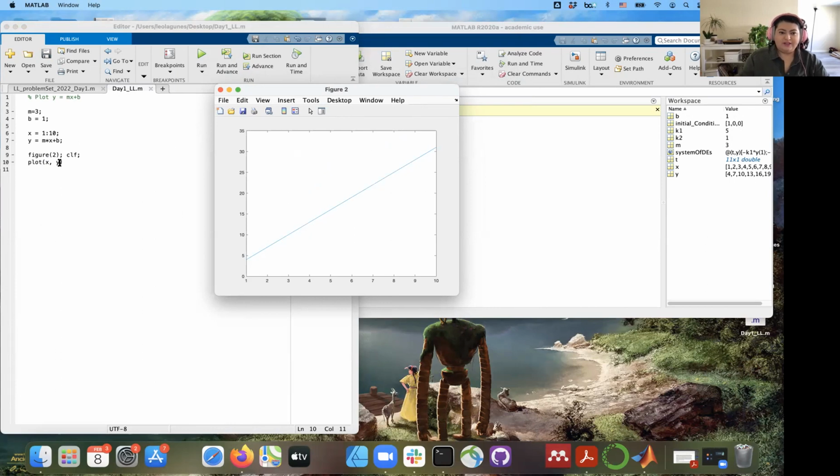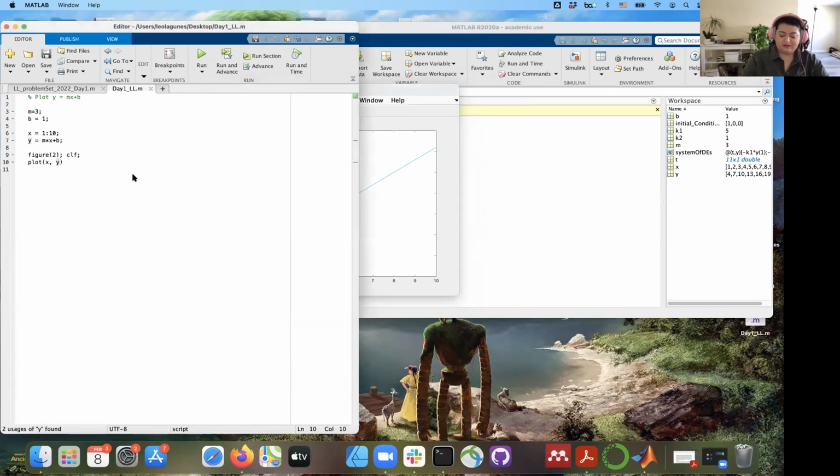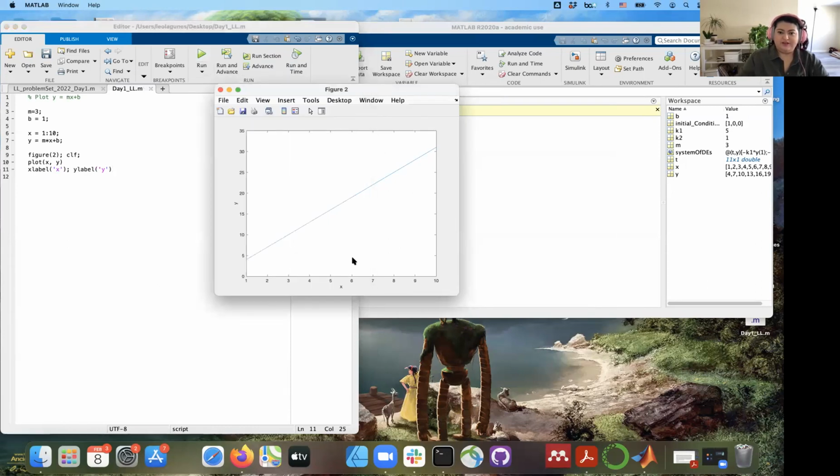And you can get fancy and make it look different. So we can label our x-axis as the x values, y-axis as the y values. And then when you run, you can see that the labels are now on the plot.